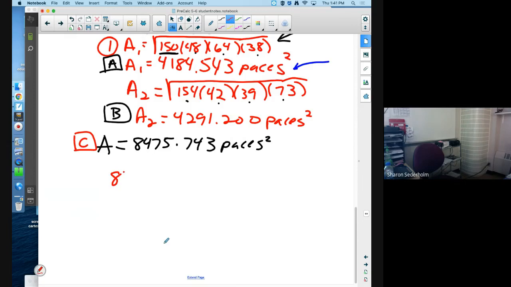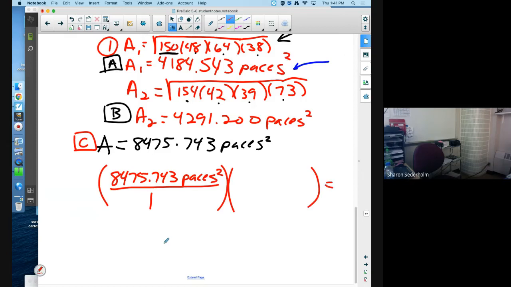So right now we have 8,475.743 square paces. We don't want square paces when we're done. So we're going to use unit analysis and get something that we know about square paces, not just paces. What we do know, if we go back up, we read that they measured it, and Jim's pace is 2.2 feet.